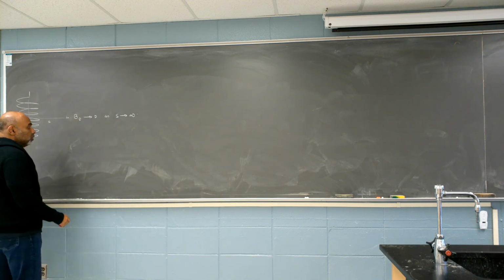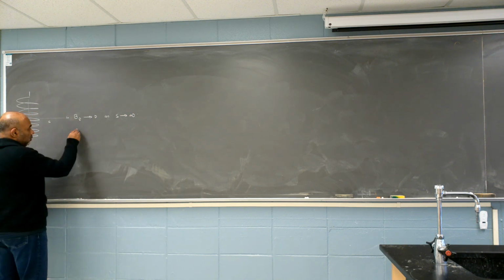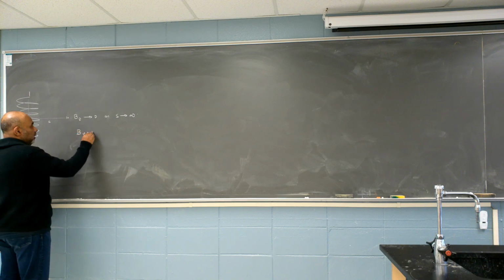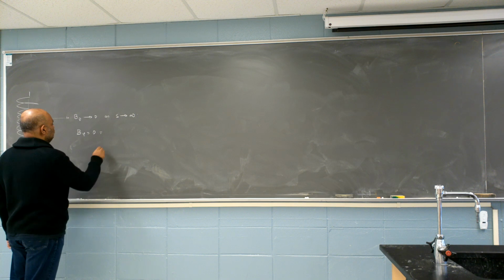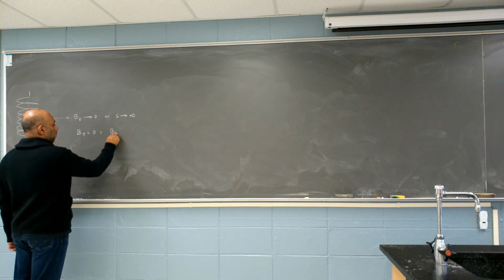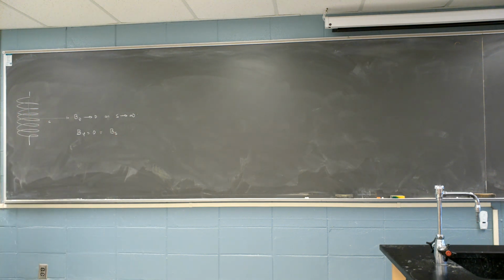And we have also shown that there's no B_phi and B_s. They're 0. So now, armed with this, you can use Ampere's law to easily calculate the magnetic field.